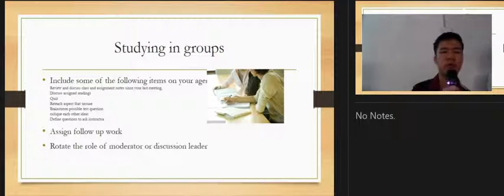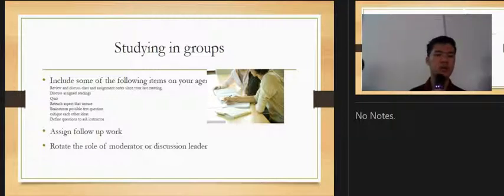Include some of the following items in your study groups. Review and discuss class assignment notes since your last meeting. Discuss your assignment reading and quiz each other on class material.